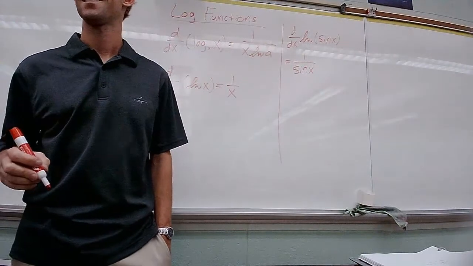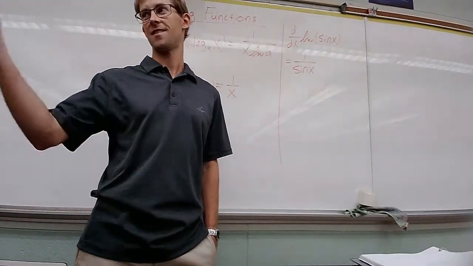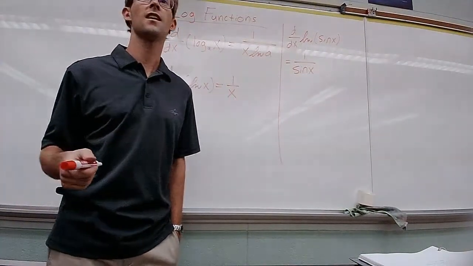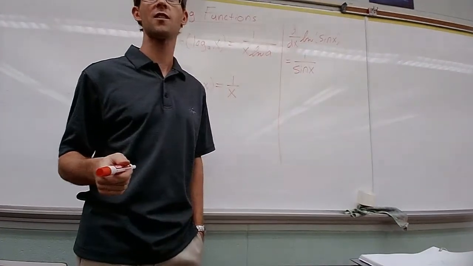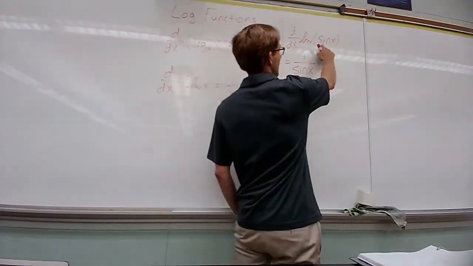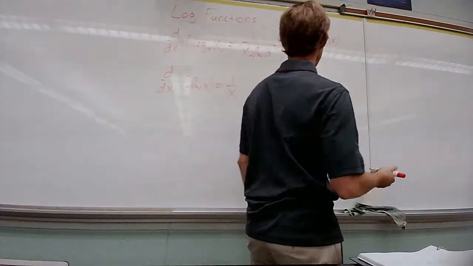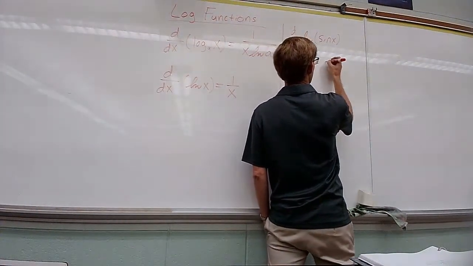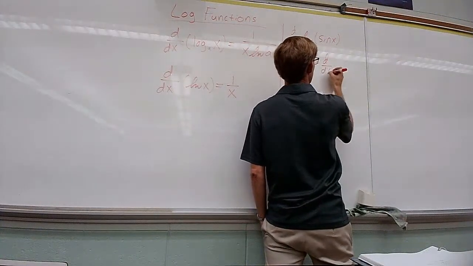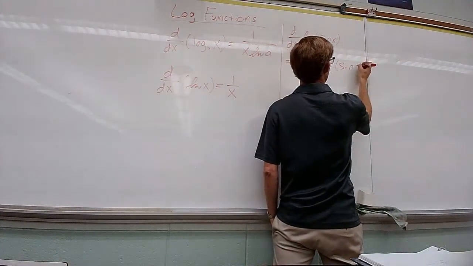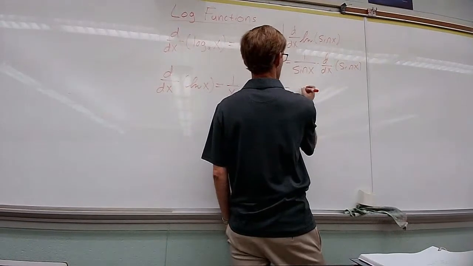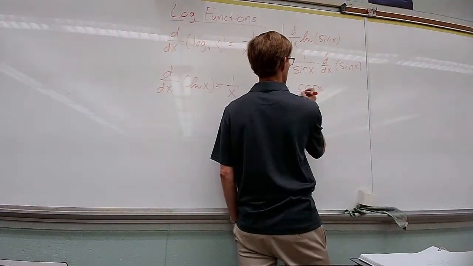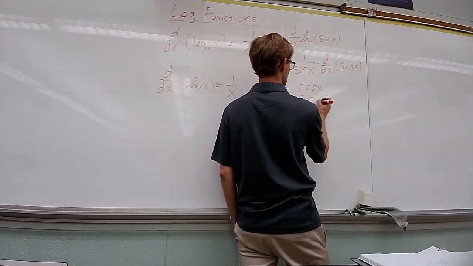You have to do the derivative of sine, because this is also a chain rule, because the sine function is inside the natural log. So you multiply this by the derivative of sine of x, and you end up with cosine x over sine x, which I think is inverse tangent, right?